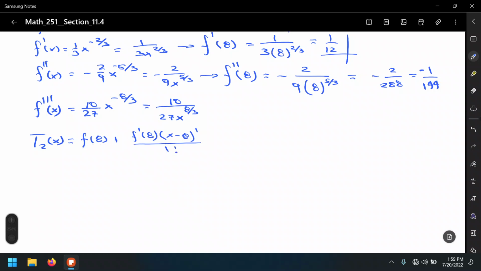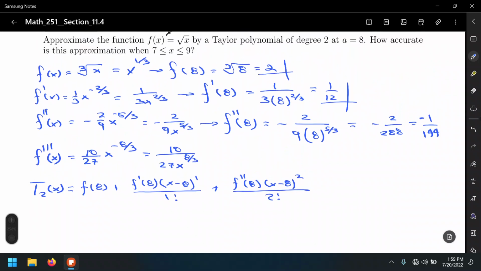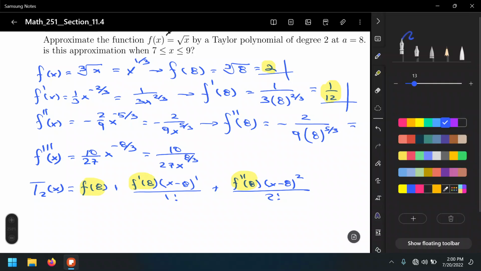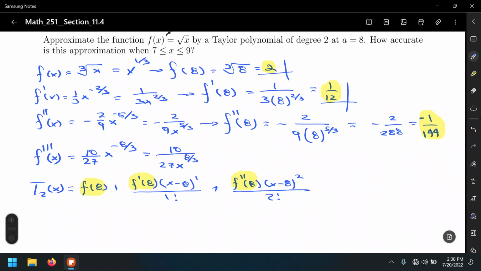If you want to write this as over 0 factorial, that's fine. Plus f double prime evaluated at 8, x minus 8 squared over 2 factorial. As we did in the previous lectures, all we need is to identify these values right here, which come from here. Just plug them in where they correspond.